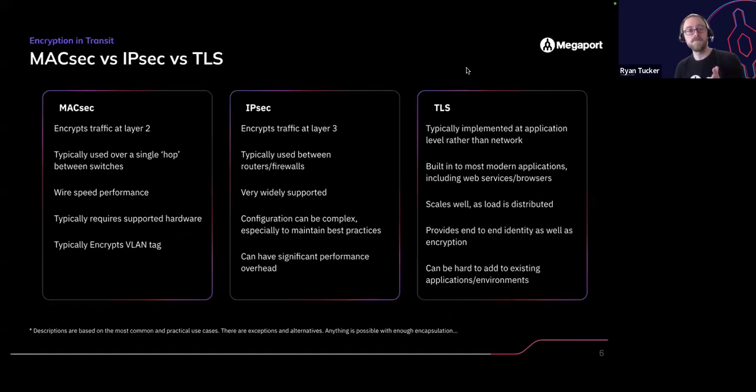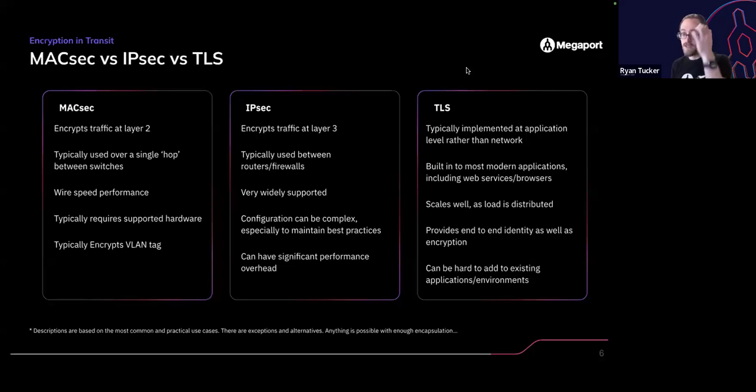In practice, what we actually see tends to be customers using MACsec or IPsec or TLS, or some combination of the three. As I said, there are many more options than this, and we have customers who use those other options.